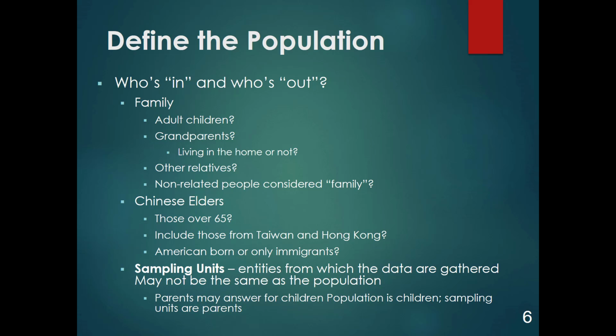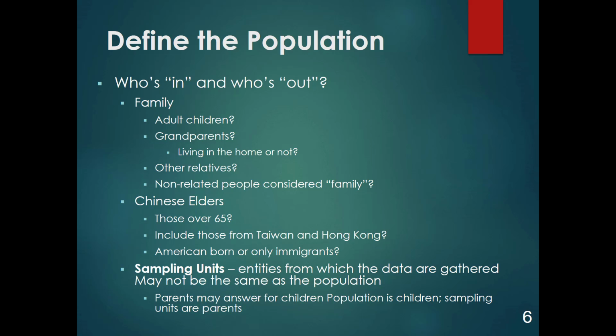So the first step is to define your population. The first step in developing your sampling plan is to develop clarity on the population that you're going to study. This might sound very straightforward, but in reality, it can be difficult to decide who's in your population.